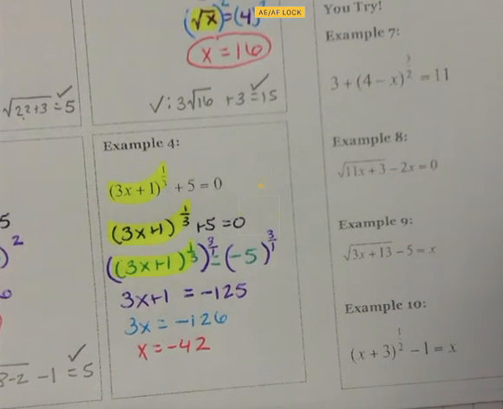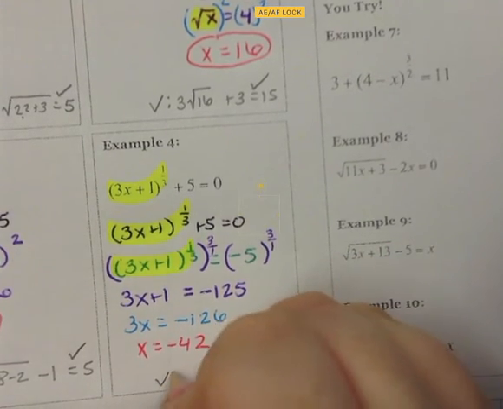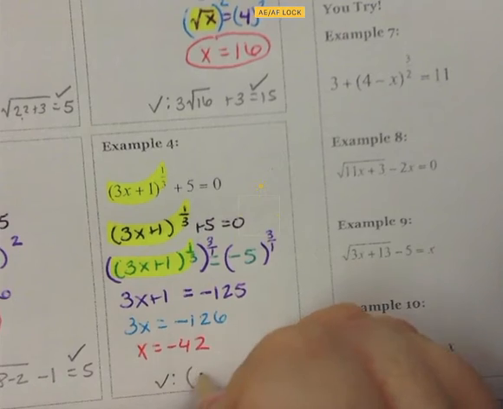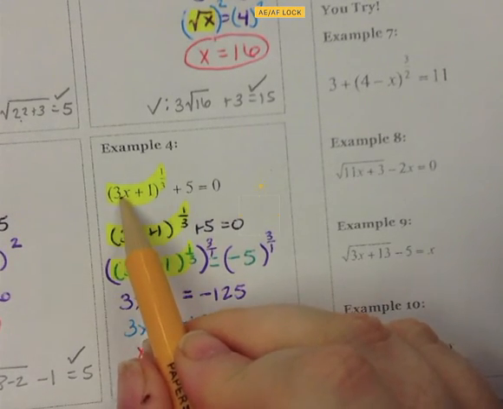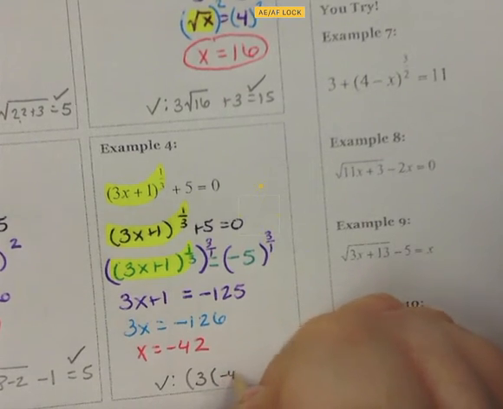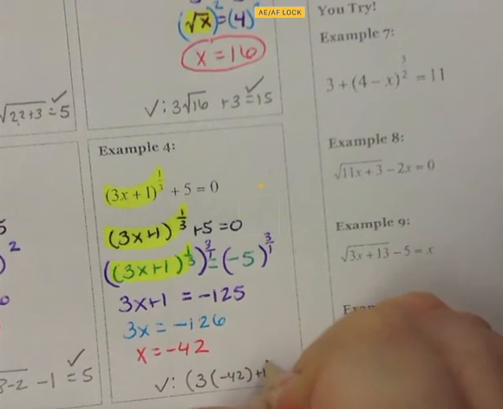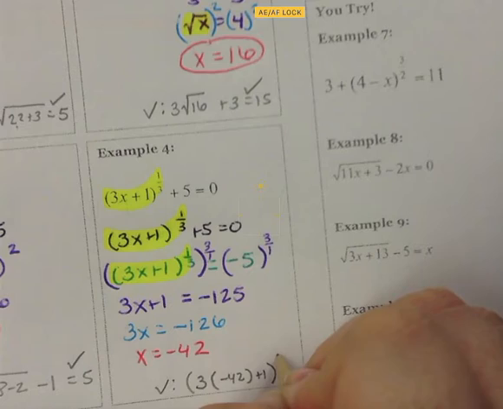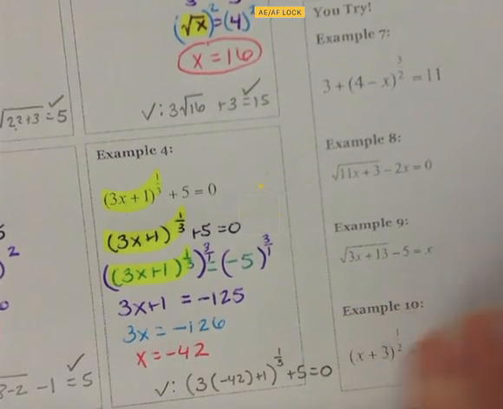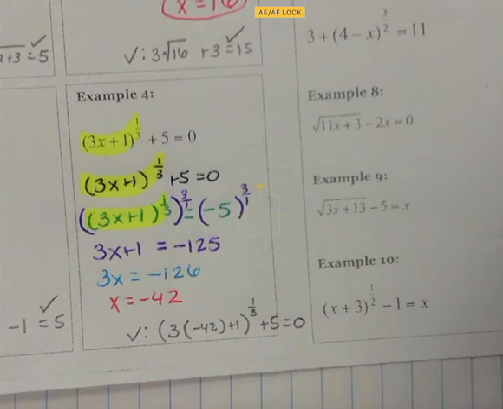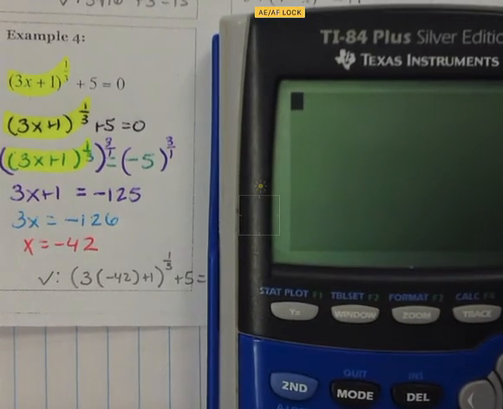But again, we have to check it. So I'm going to do my little check down here. So I do parentheses, 3 parentheses, because I'm plugging it in here and it's attached to something. Negative 42, close parentheses, plus 1, close parentheses, raised to the 1/3, and then plus 5. Should equal 0. Now this is a little bit more complicated, so I'll show you in both the new and old calculator. Alright, old calculator.